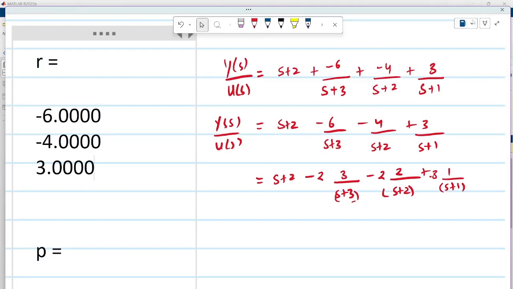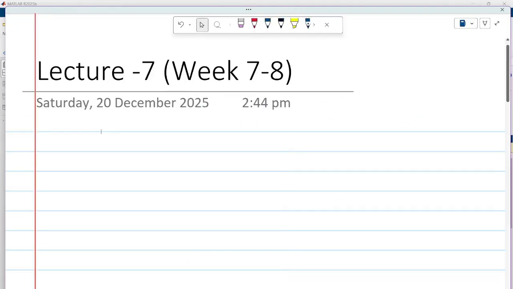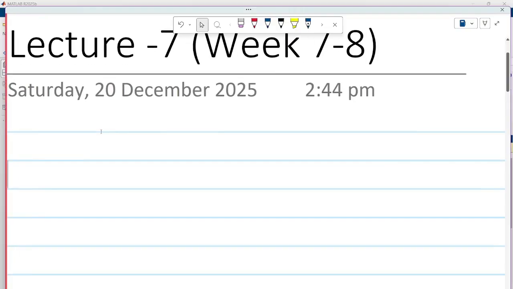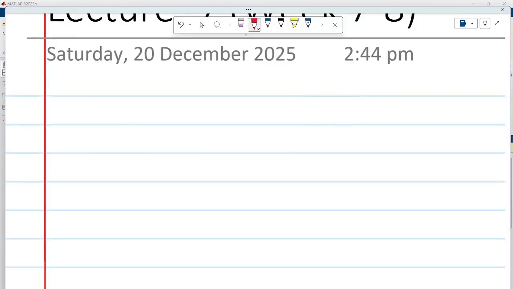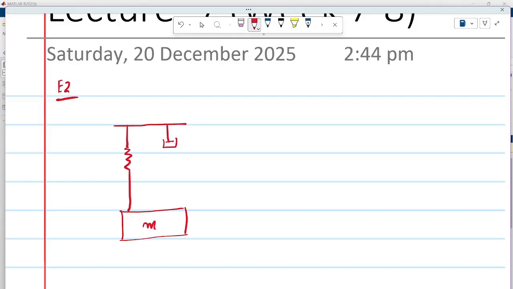So let's assume we have a system here. That's example 2. Let's assume we have a mass spring damper system, and then we have a damper here, and it's connected in series with another spring.